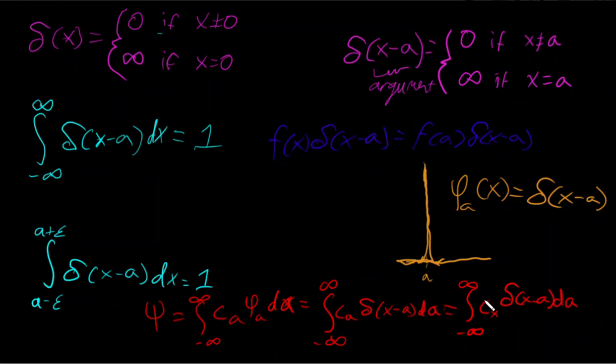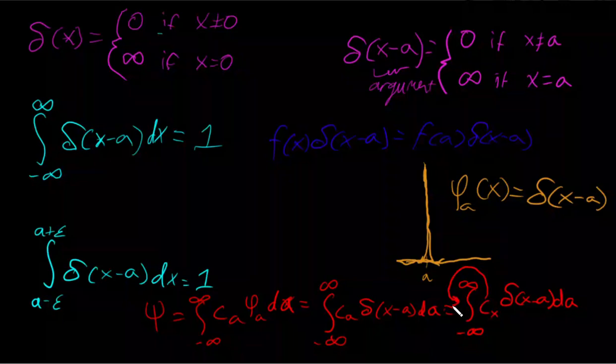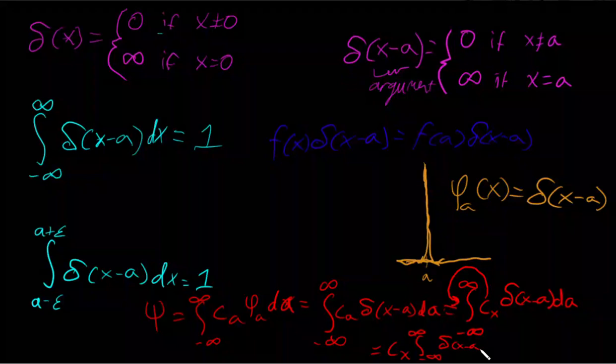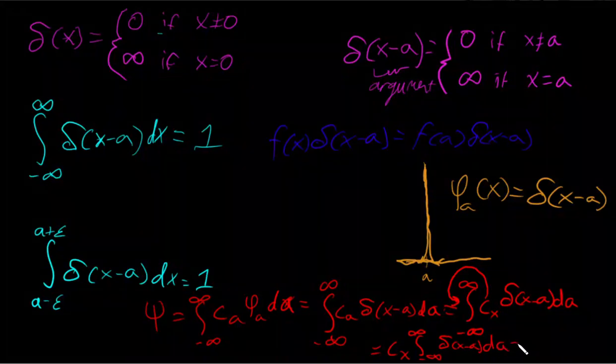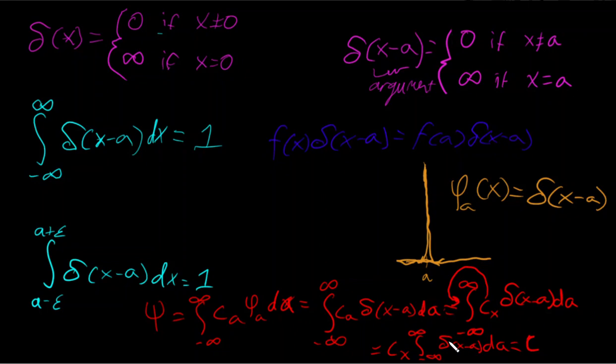It can get taken out of this integral, because it's a constant with respect to a. So this is equal to c sub x times the integral from negative infinity to infinity of delta of x minus a dA. And notice that this integral is equal to 1, so this is c sub a.